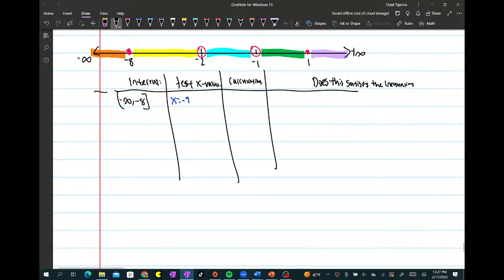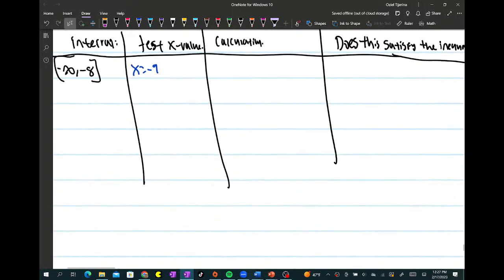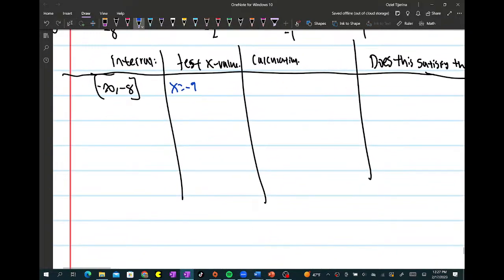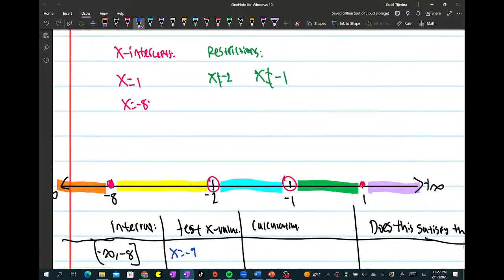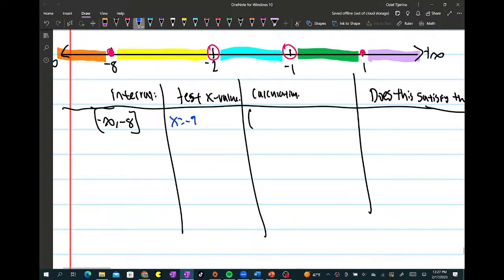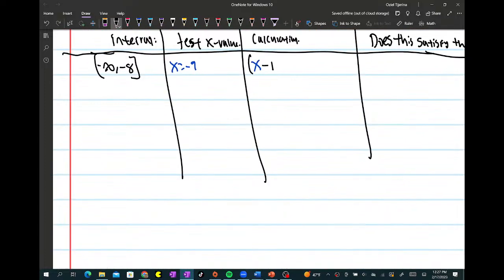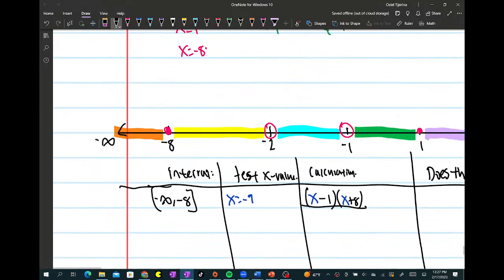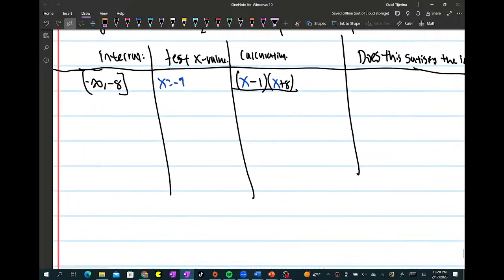And let me make this a little longer, and let me put this line a little more over here. So when we evaluate it, I'm going to write my original expression: x minus 1 times x plus 8 over x plus 2 times x plus 1.